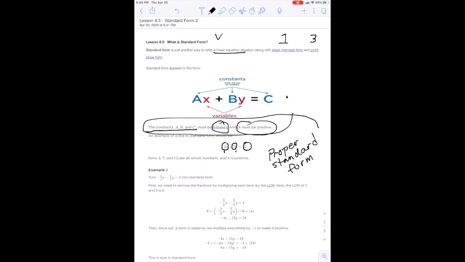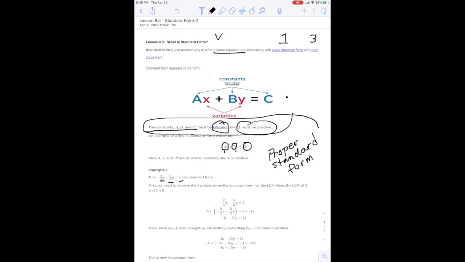So we're going to turn negative 2/3 x minus 5/2 y equals 4 into standard form. So the first thing we've got to do is get rid of fractions. Fractions are not integers. And we get rid of the fractions by multiplying every term. In this particular case, you've got 3 terms, so each one of them has to be multiplied by the same thing.